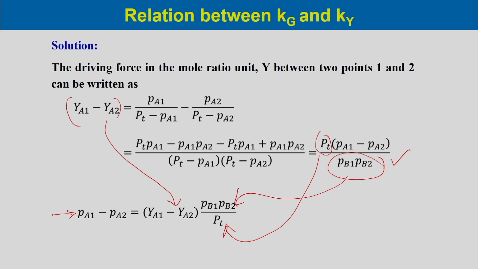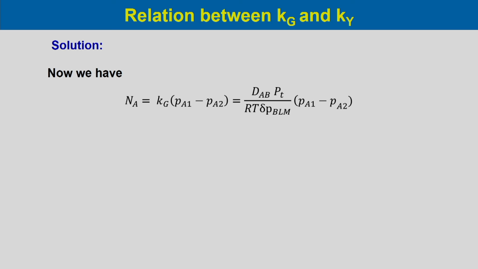Partial pressure difference. Now, we have Na is equal to kg Pa1 minus Pa2. Now, if we substitute that Pa1 minus Pa2 which we have obtained, we will get dAb Pt divided by Rt delta PBLM into Pa1 minus Pa2. So, we will have finally Ky into Ya1 minus Ya2.